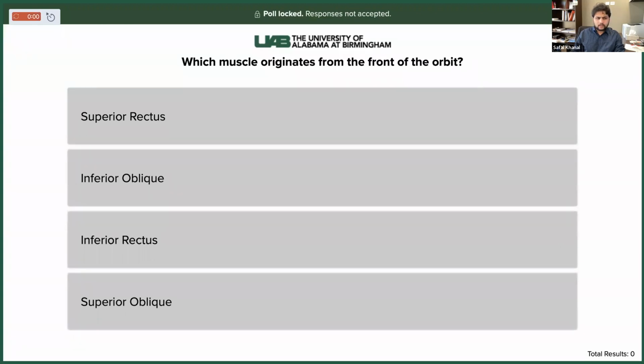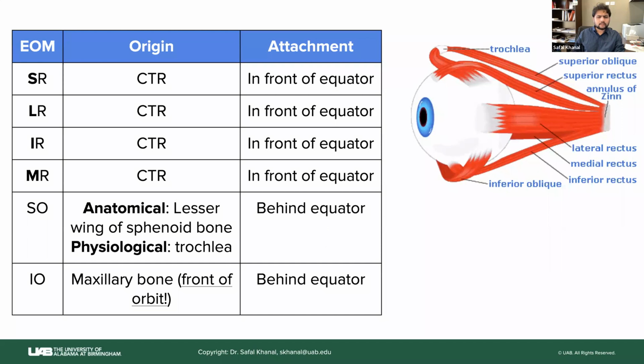Okay, and the correct answer is inferior oblique, which is the one that originates from the front of the orbit, as you can see here. Four of these 6 muscles arise from the apex of the orbit, which is called the annulus of Zinn, and they attach in front of the equator, these rectus muscles.